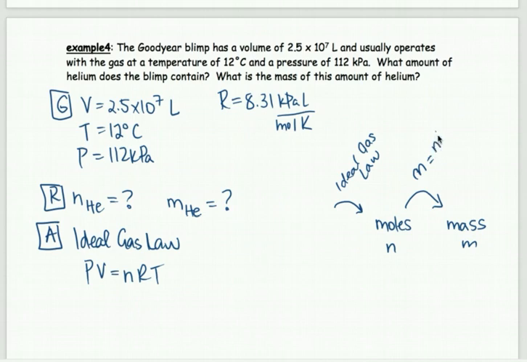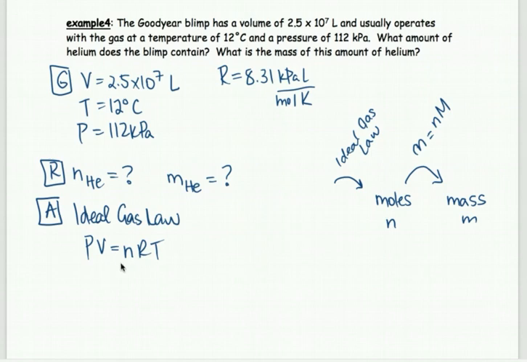You guys know it as this formula for the formula people. So with the ideal gas law we need to get to moles, so we're going to rearrange it: n equals PV over RT. That's step one. Step two, we go get mass by taking the amount and multiplying by the molar mass of helium.